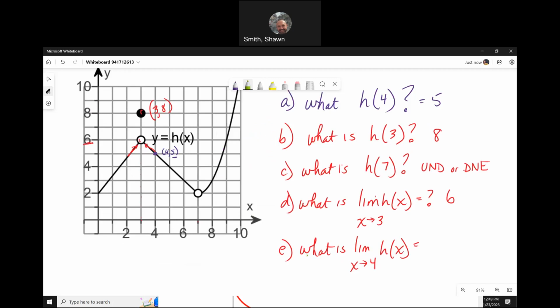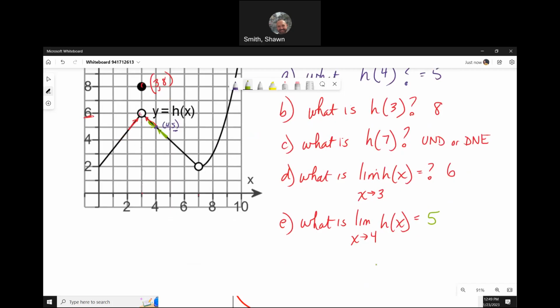There's no hole on it. And the same thing as you're approaching 4 from the left, think about going horizontally, closer and closer to 4 from both directions, the y value is still 5, right? So in that scenario, the function evaluated at 4 is actually the same as the limit as x approaches 4.